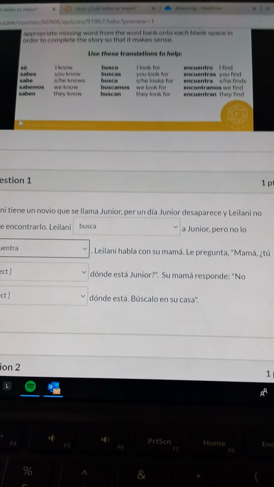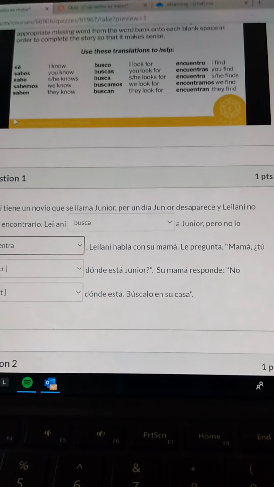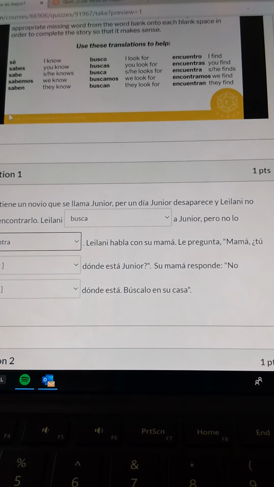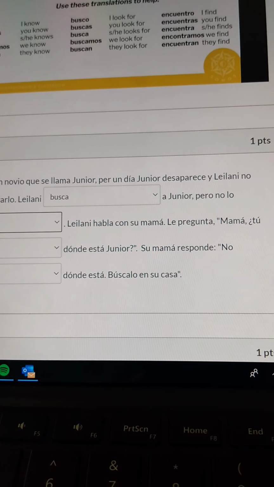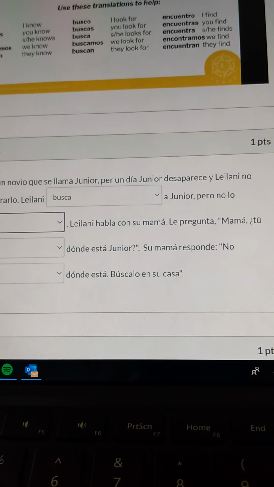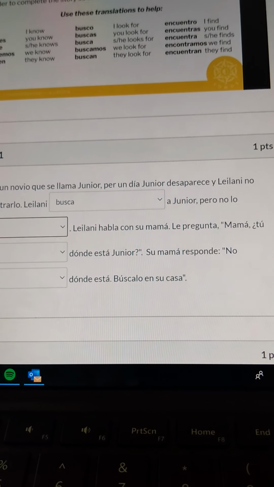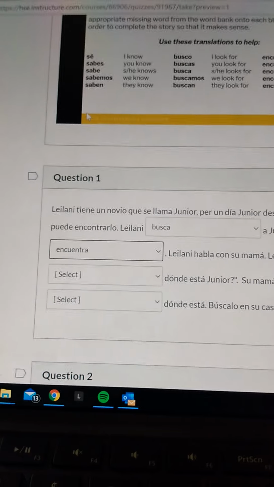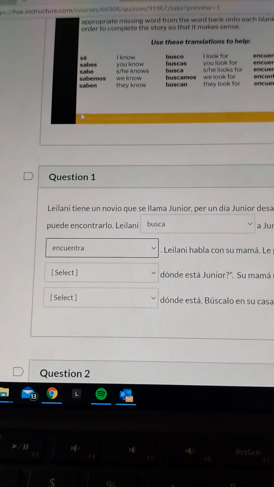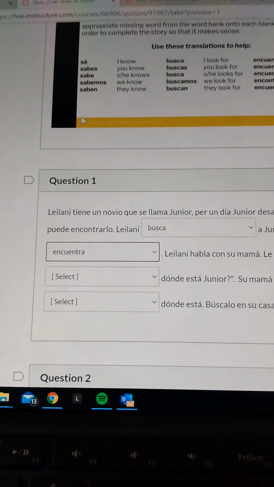Leilani habla con su mamá y le pregunta. So she talks to her mom and asks her mom, and this is in quotes, so this is Leilani talking to her mom. Mamá, tú, there's a subject tú, that's a giveaway. Blank, ¿dónde está Junior? So what could she be asking him? She's looking for him.